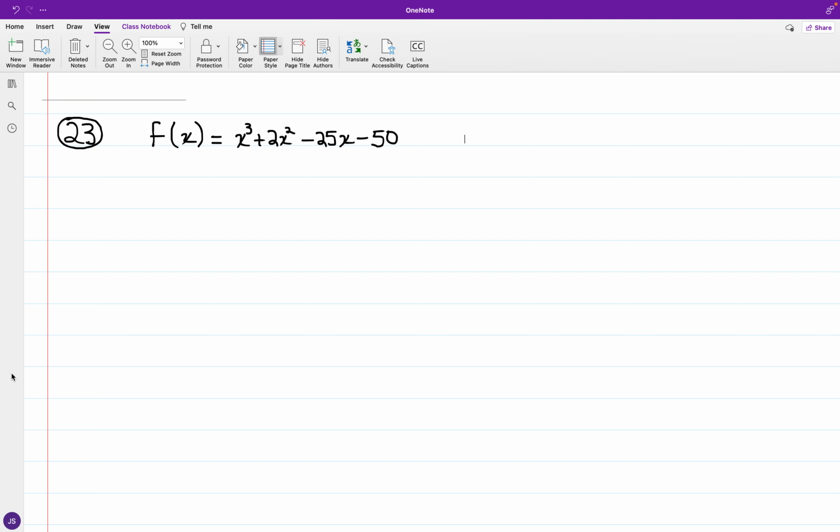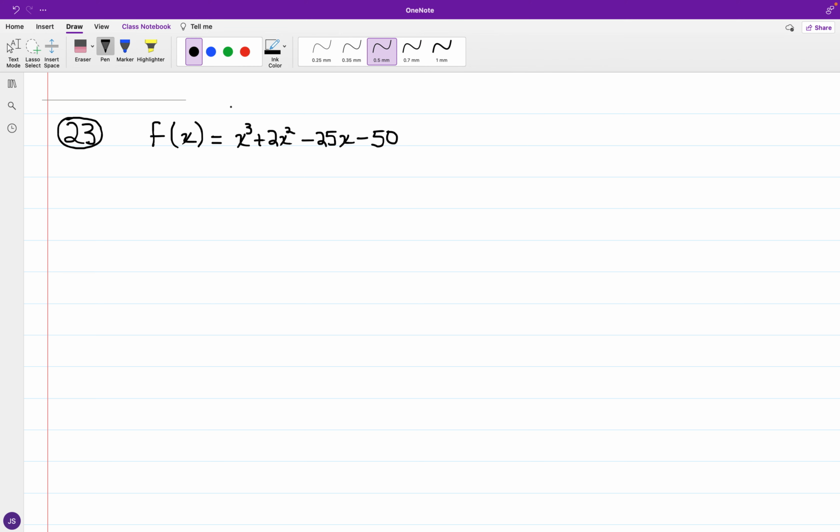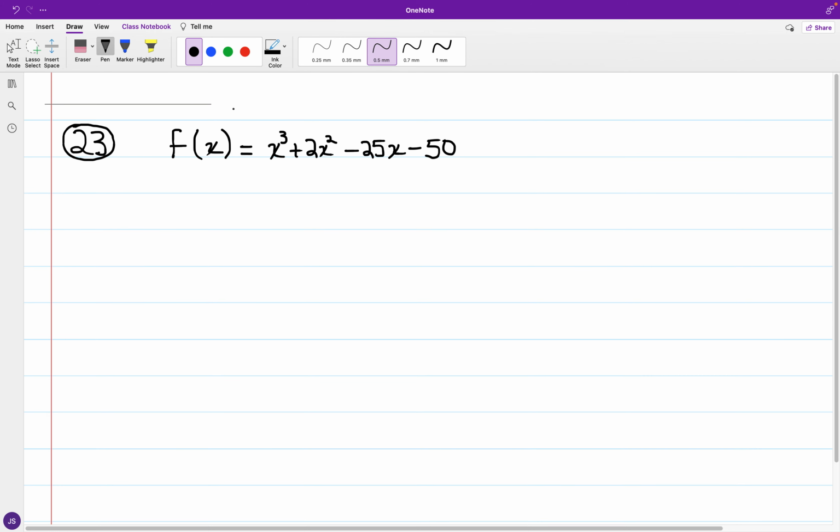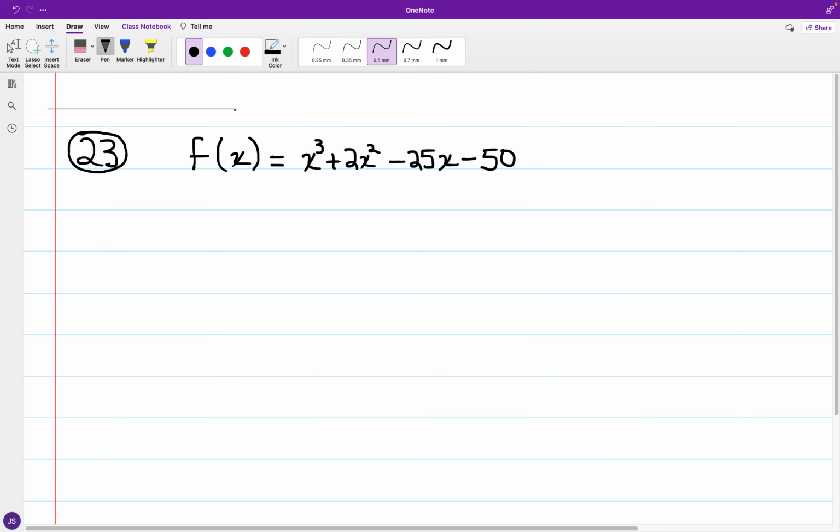Just looking at what we have working with polynomial functions, and last time we looked into zeros and their multiplicities. From section 2.2, we have a given polynomial function f of x, a third order expression with four terms in expanded form.